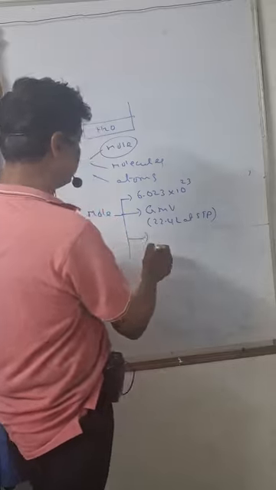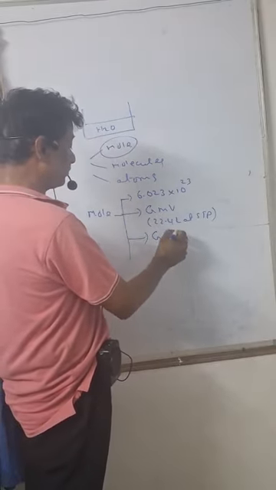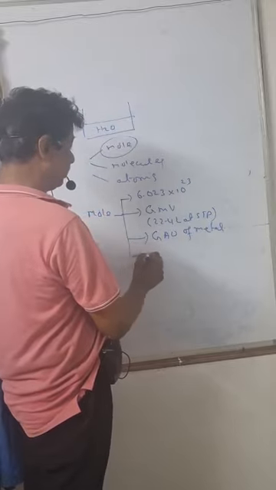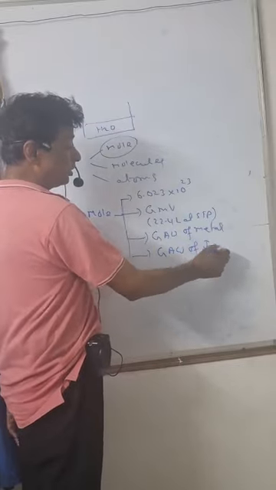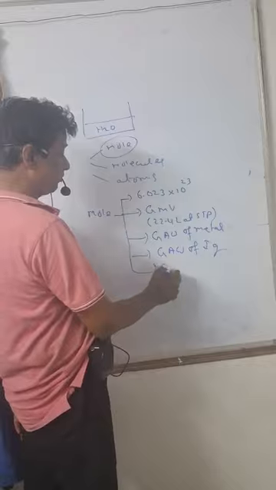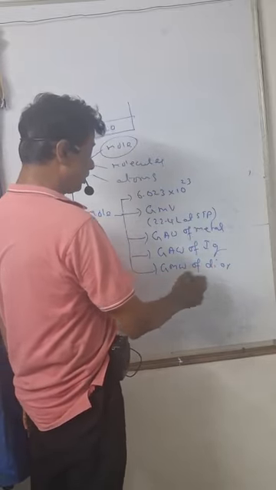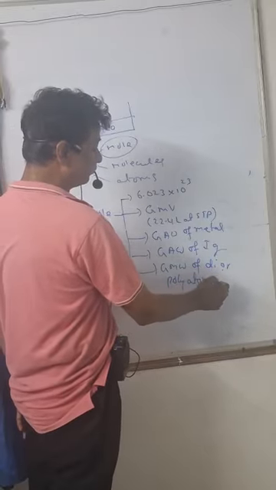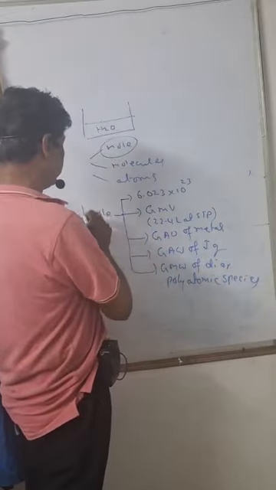It is equal to gram atomic mass of metals, gram atomic mass of inert gases, gram molar mass of di or polyatomic species. It is nothing but mole.